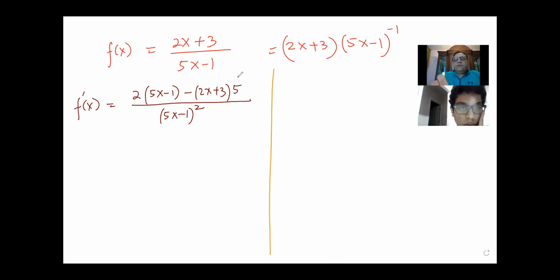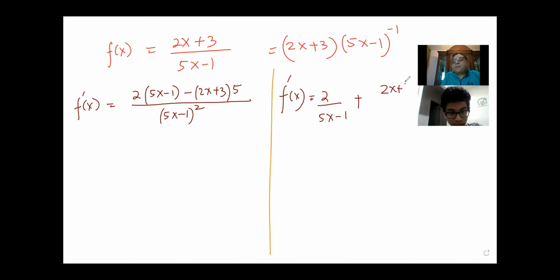But if we do the product rule, then we could write this as the derivative of the first, which is 2, times 5x minus 1 to the power of minus 1, which I'll write in the denominator as 5x minus 1, plus 2x plus 3 times the derivative of this. The derivative has a minus sign, so it becomes minus, and it goes in the denominator as 5x minus 1 whole square.